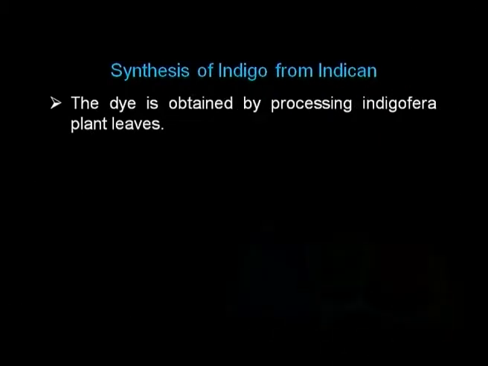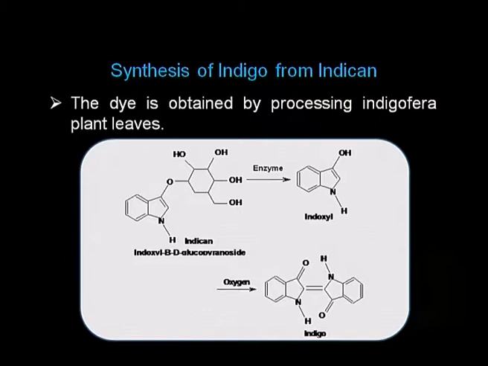This dye is obtained by processing Indigofera plant leaves. Here you can see this is the beta glucoside of the indigo, which upon enzymatic action is converted into indoxyl, which upon oxidation gives indigo, the dye which is electric blue in color.